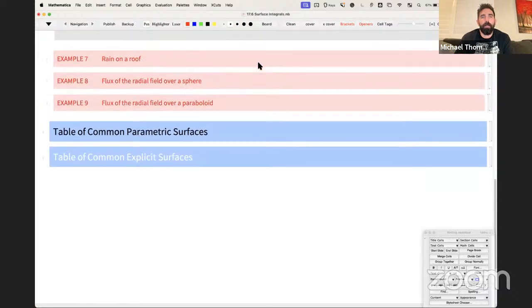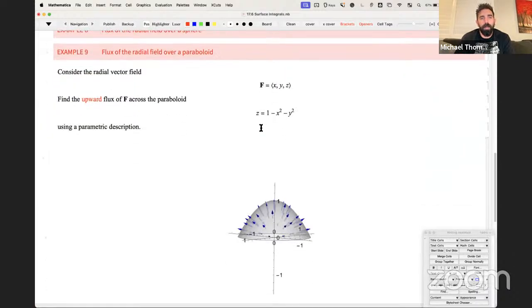All right, let's do one more. How about this one? Okay, so this is interesting. It's a similar problem. We have the same radial vector field, and we're going to calculate the upward flux of the field across this paraboloid. We're going to do this using a parametric description, so we're going to have to convert this explicit one to parametric.